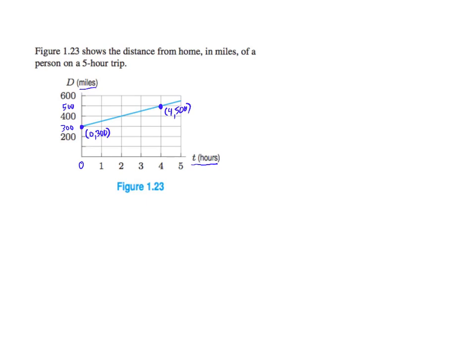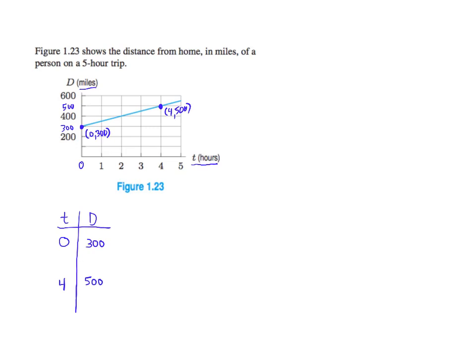If I wanted, I could put some values in a table. I'll put here t, time in hours, and then d as the distance in miles from home. So at time 0, at the beginning of this trip, they started off 300 miles from home. And 4 hours later, they were 500 miles from home.